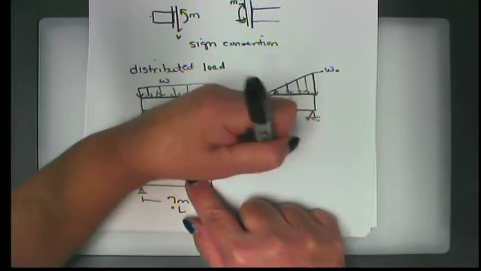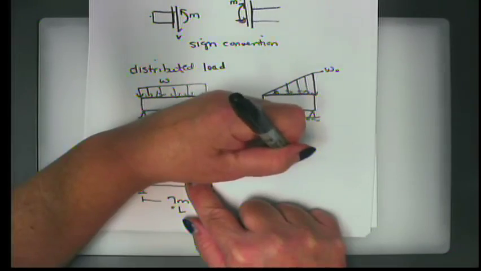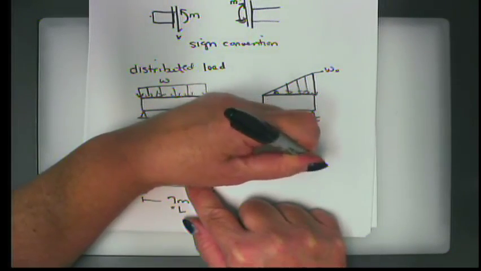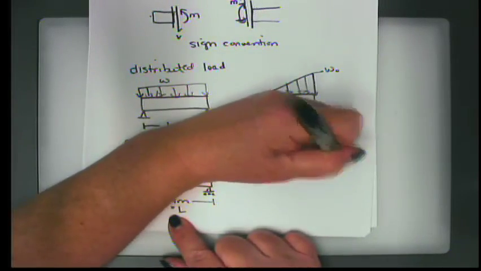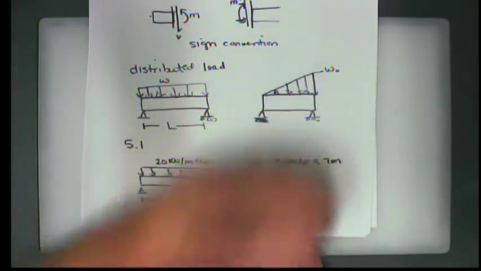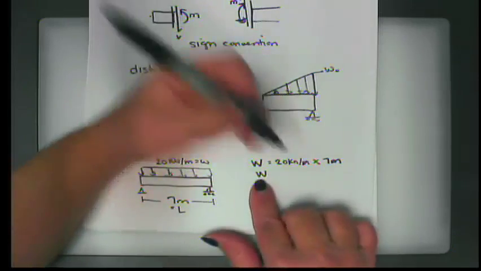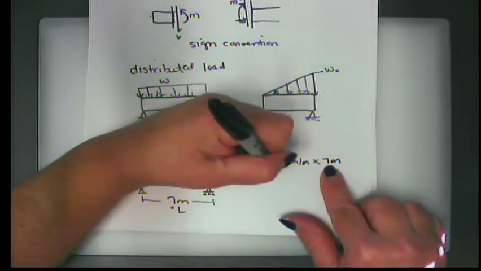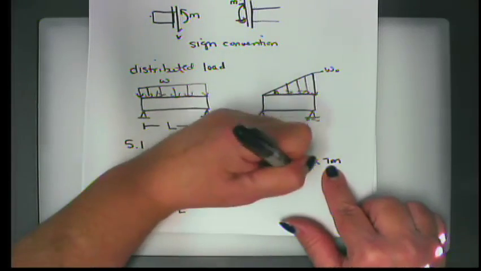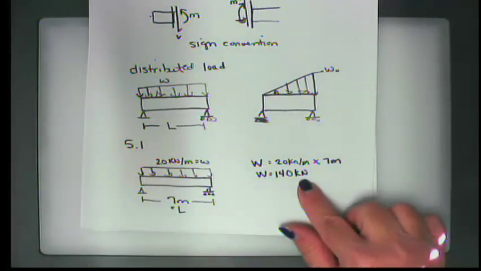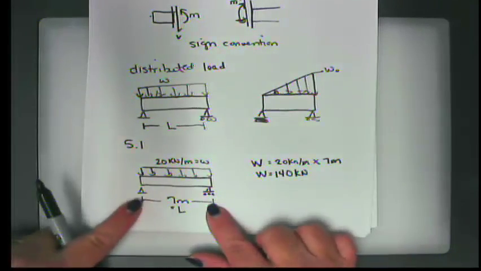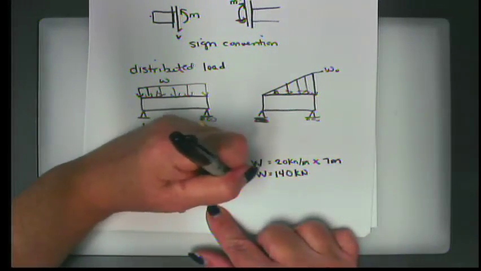And here we have a load of 20 kilonewtons per meter acting over a length of 7 meters. So when we cancel out the meters, we see that the concentrated load equivalent would be 7 times 20, or 140 kilonewtons.